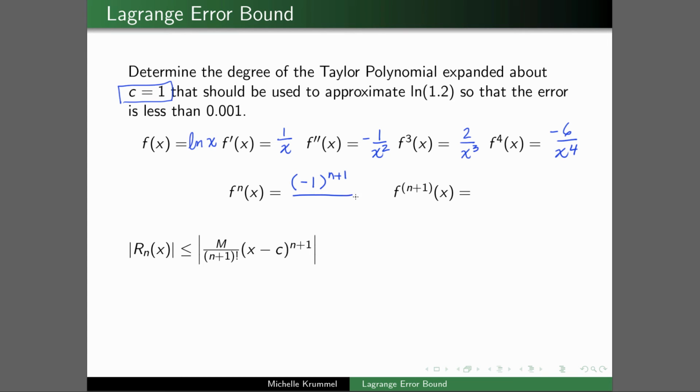I also notice that in the denominator, the first derivative has x to the power 1, second derivative x to the power 2, third derivative x to the power 3, and so on. So my nth derivative has x to the power n in the denominator. Now for the coefficients, we have 0 factorial, then 1 factorial, 2 factorial, 3 factorial. If it's the nth derivative, I want n minus 1 factorial.